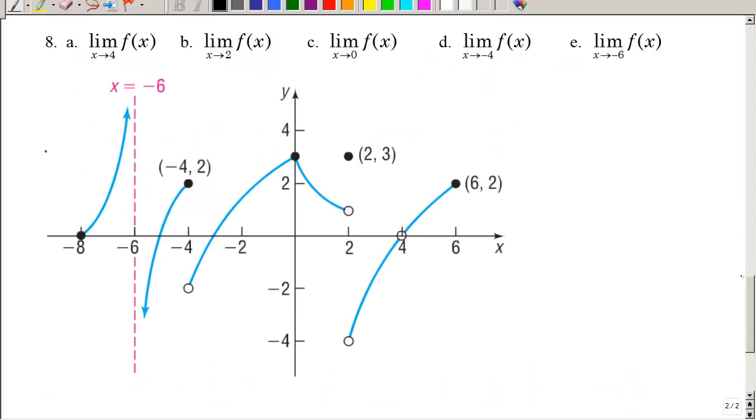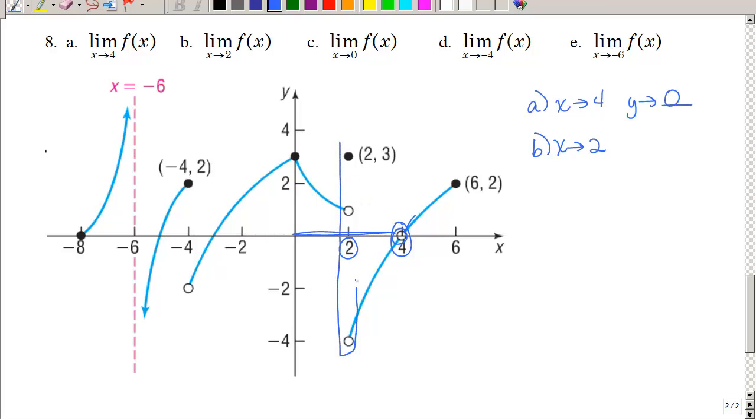Okay, we have lots of questions here. Let's take them one step at a time. Part A, as x approaches 4. Here's 4. What is your y value approaching? Well, right around here, what's your y value? 0. Part B, as x approaches 2, what is y approaching?